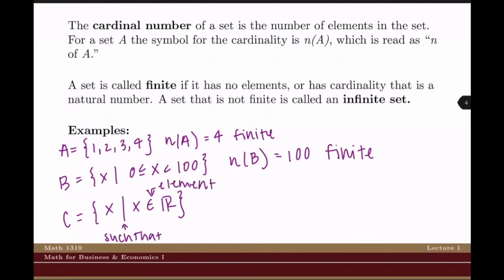And if you haven't seen this big R before, the double R means real number. Real numbers go from negative infinity to positive infinity. They cover decimals, fractions, all the numbers that we're used to dealing with, right? So this set would be infinite.